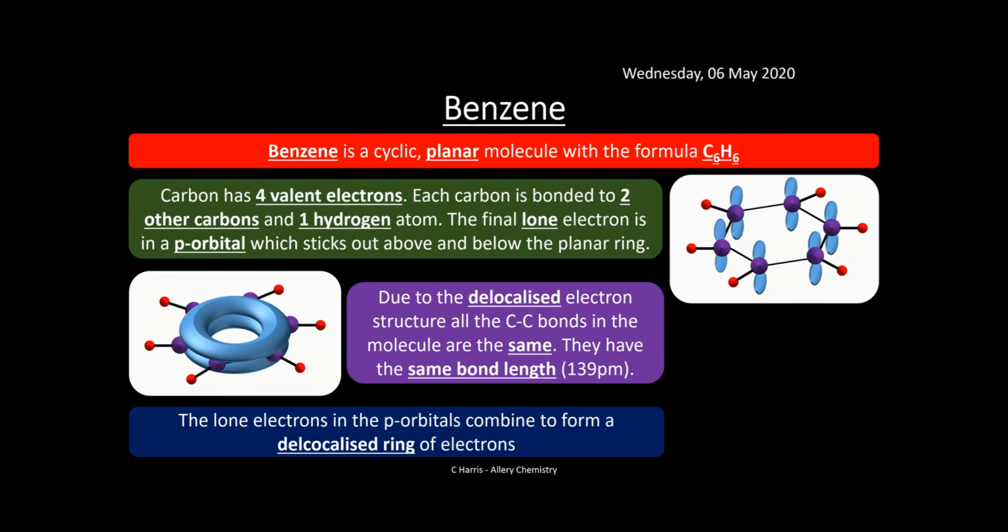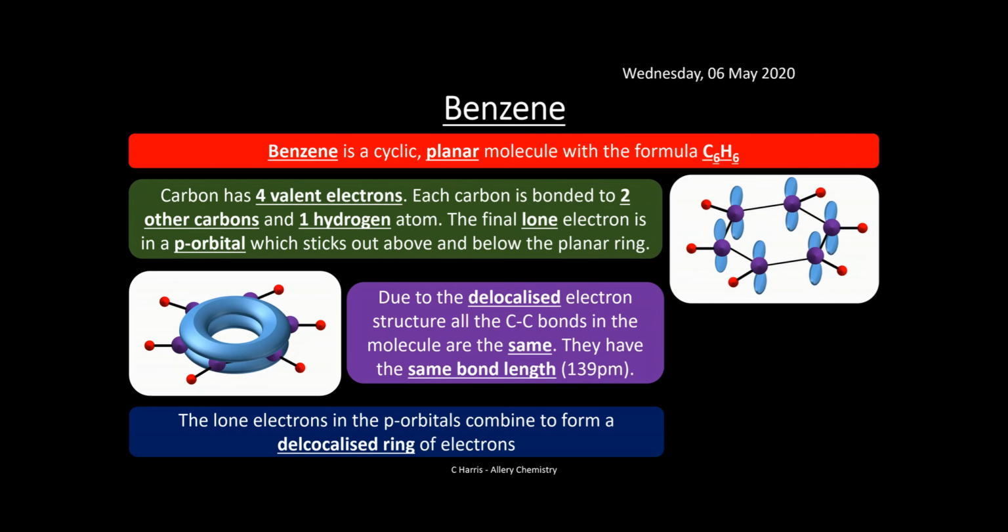All the C-C bonds in benzene are actually the same length, 139 picometers. You can see here that obviously a single bond would be longer than a double bond, because you might expect single, double, single, double bonds, and we'll look at that model in a moment and prove why that's not the case.